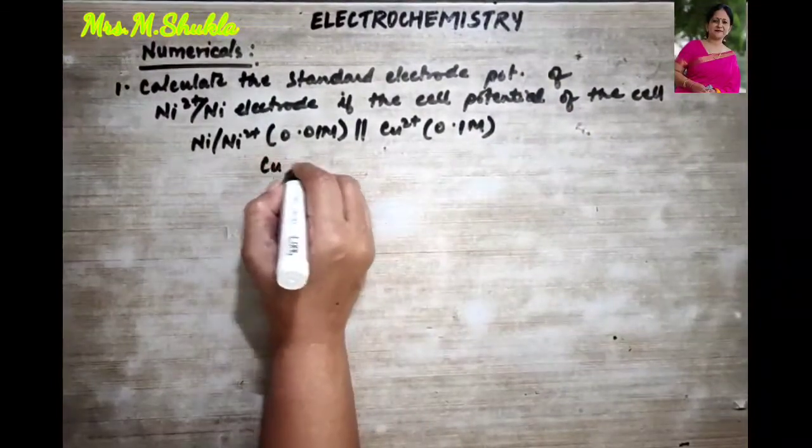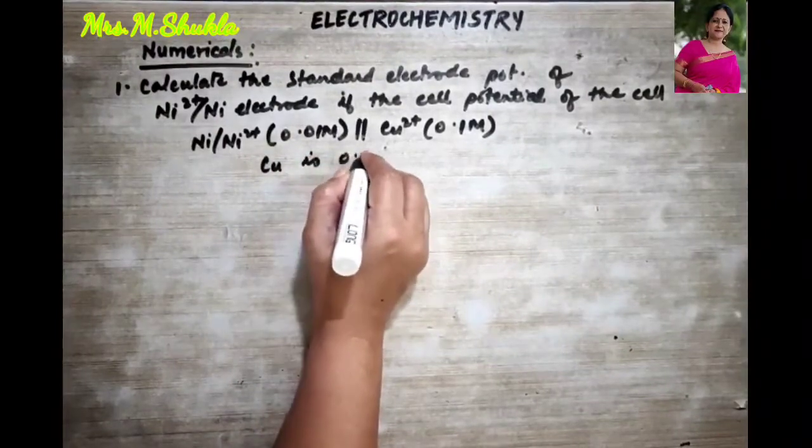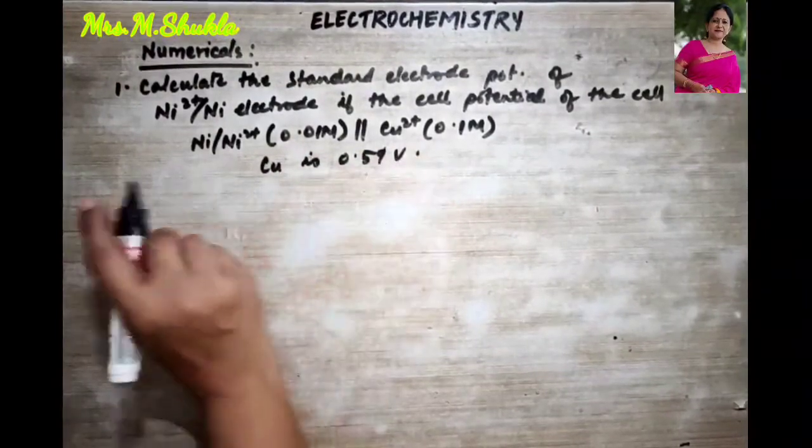And it's given the cell potential is 0.59 volts.